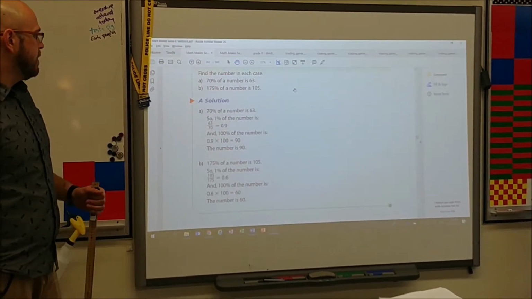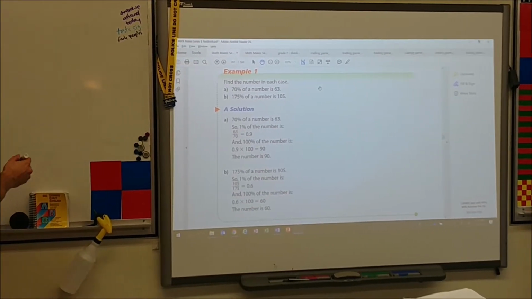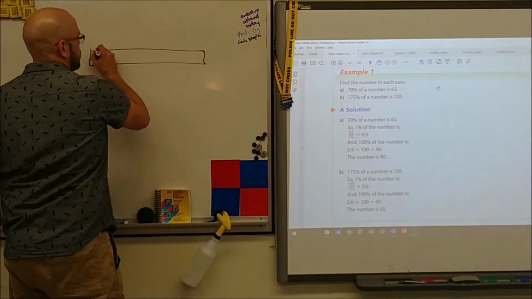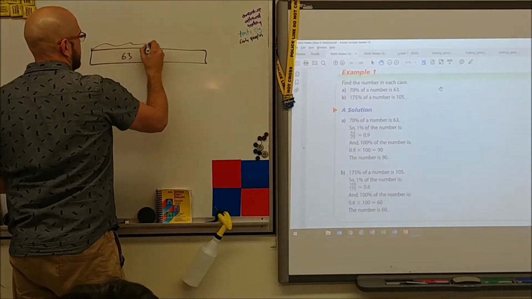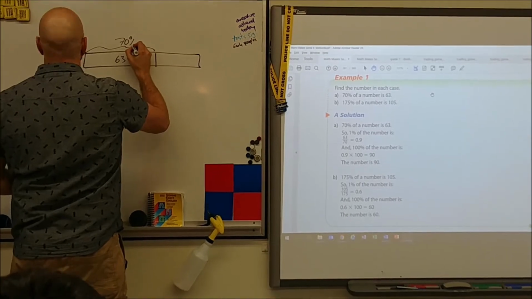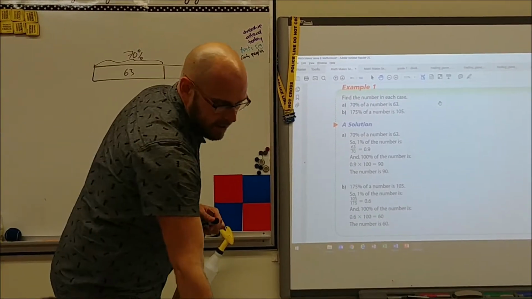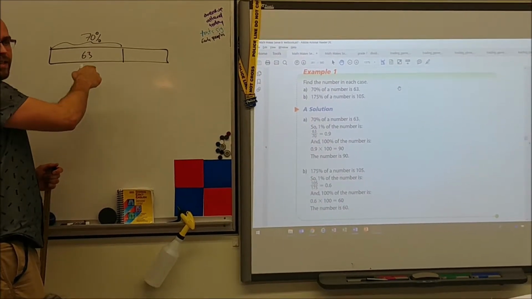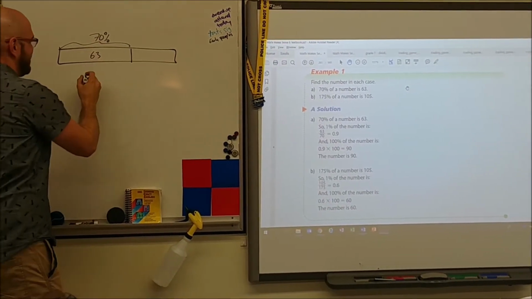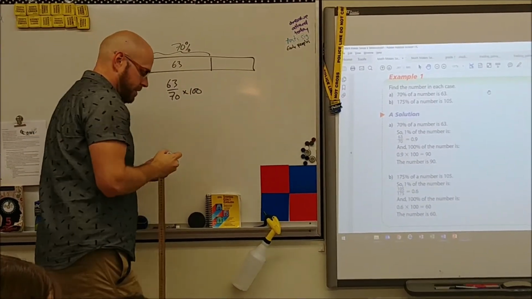So it says, find the number in each case. It says 70% of a number is 63. So we've got 70% of a number is 63. Since we're having 70% of 63, we're going to cut that into 63 pieces. No, we're going to cut 63 into 70 pieces. 63 divided by 70 times 100.